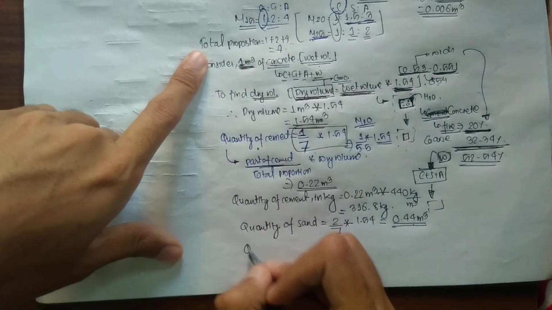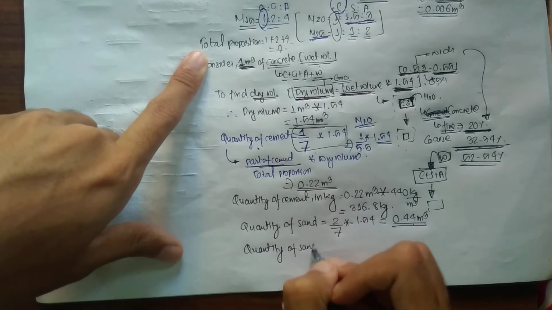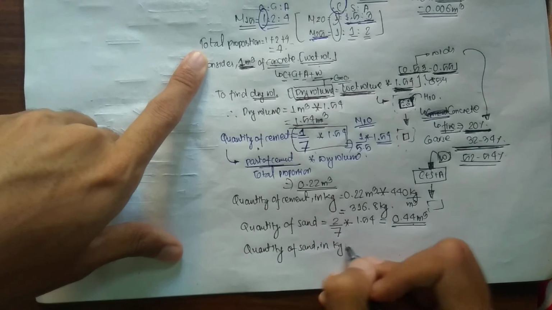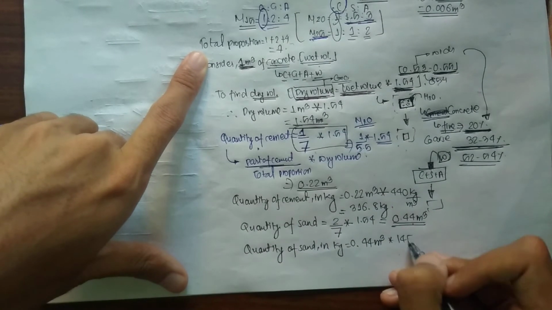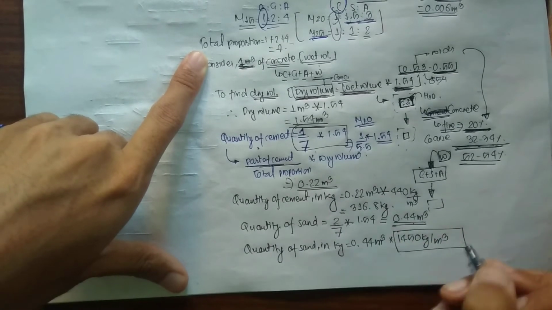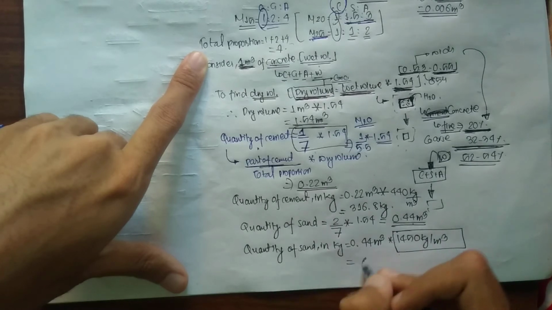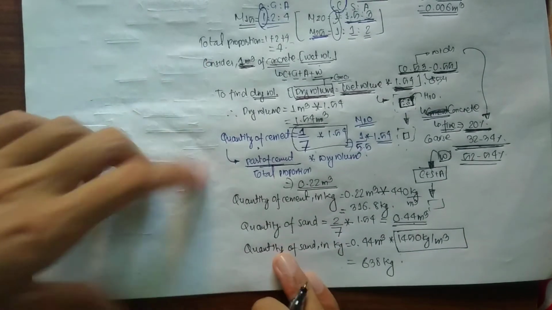Let's calculate this in kg: amount of sand equals 0.44 meter cube times 1450 kg per meter cube, the density of sand. After multiplication we obtain 638 kg. Now we have calculated the quantity of sand.